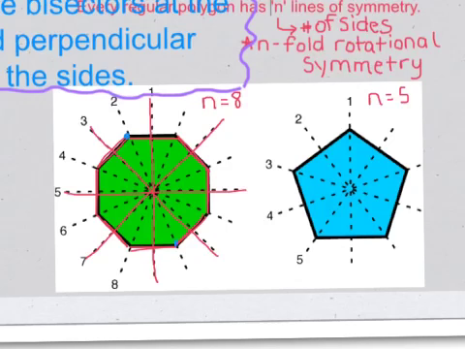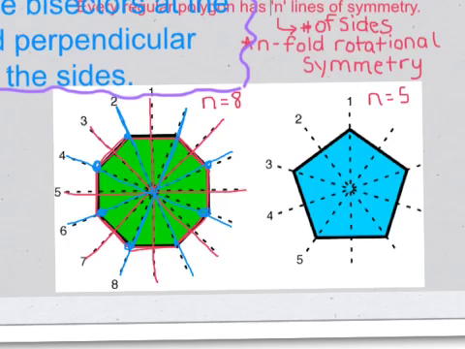Okay, so this line goes from here to here, and it goes from angle to angle. Those are angle bisectors. So line 2, line 4 goes from this angle to this angle. Line 6 goes from this angle to this angle, and line 8 goes from that angle to that angle. Okay, so if you've got an even number of sides, half of your lines of symmetry go from side to side.